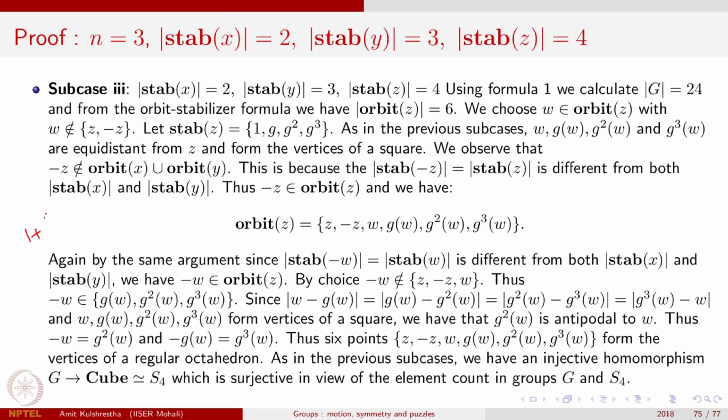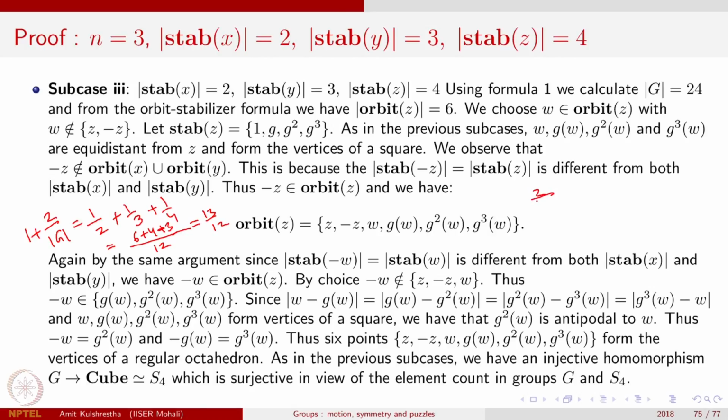1 plus twice the order of G is 1 divided by 2 plus 1 divided by 3 plus 1 divided by 4. If I do this calculation, I get 12 in the denominator, and then 6 plus 4 plus 3, which is 13 by 12, and then I subtract.